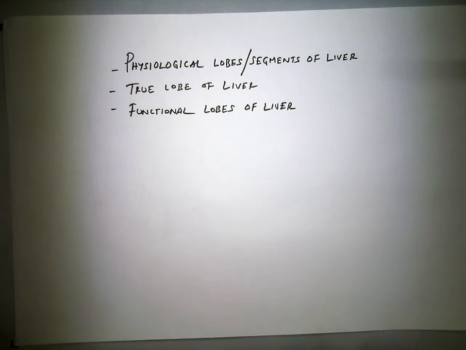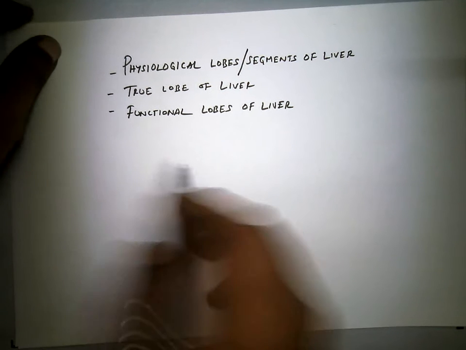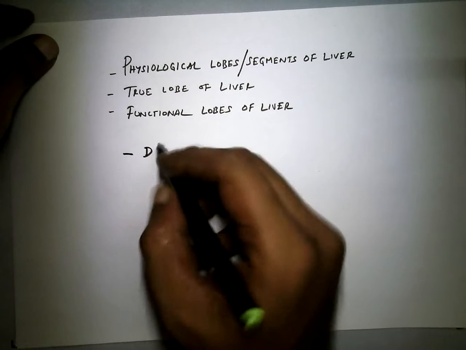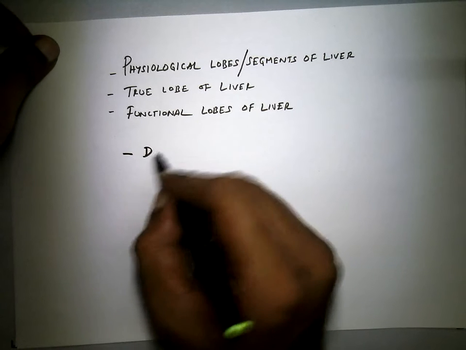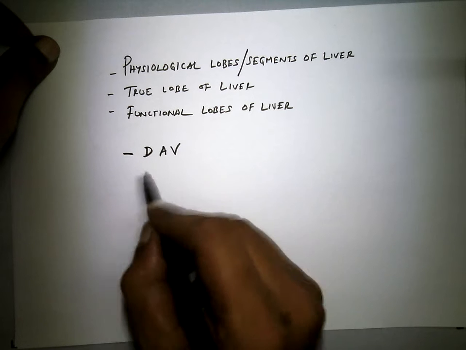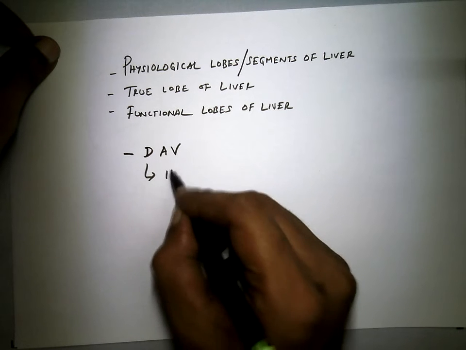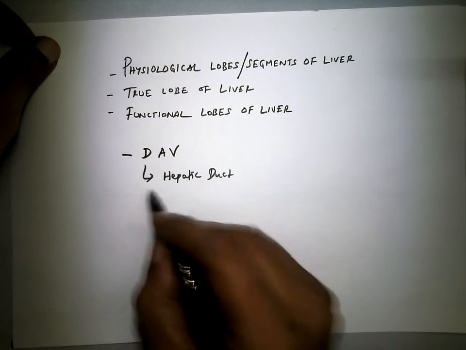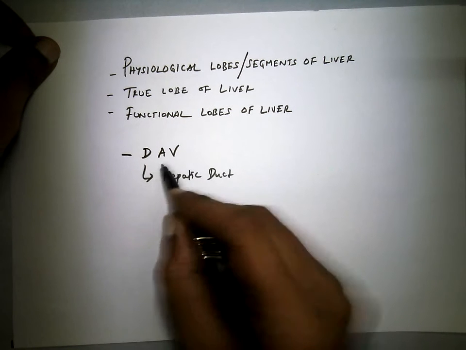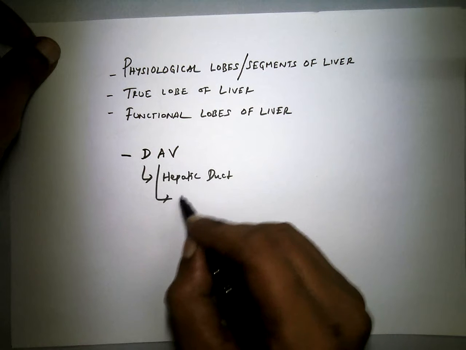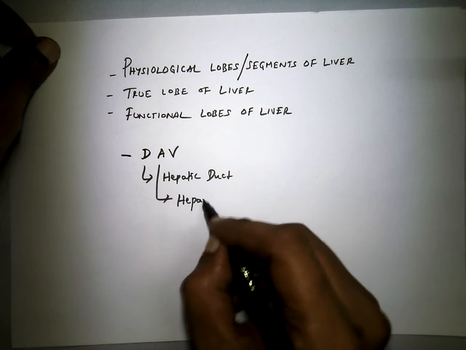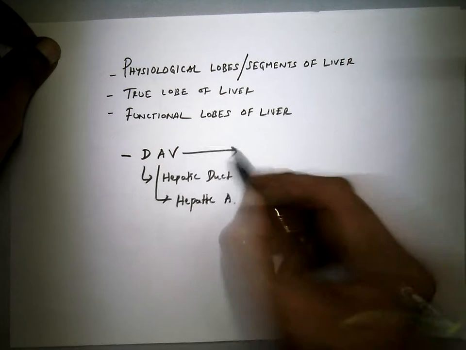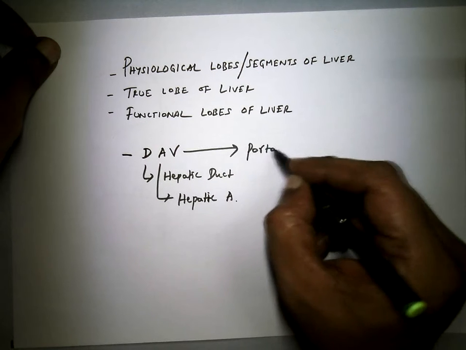This particular division is based on three important components of liver anatomy, that is D, A and V. D stands for hepatic duct, A stands for hepatic artery, and finally V stands for portal vein.